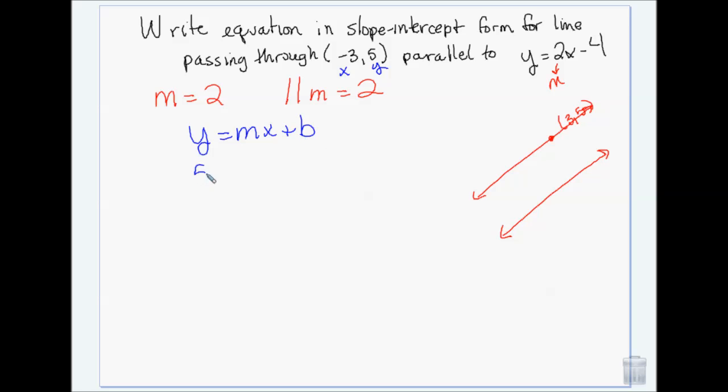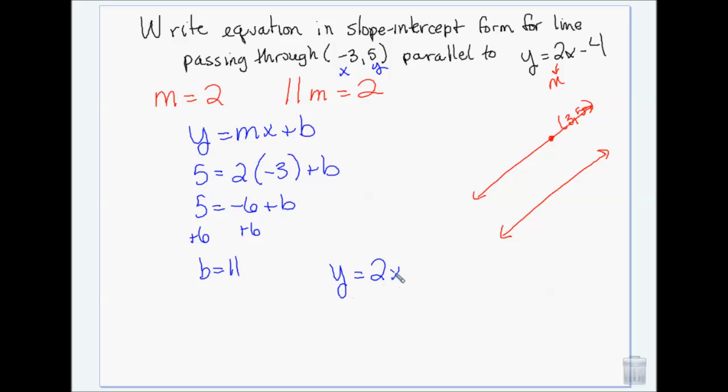We plug in our y, we plug in our m, we plug in our x, and we find b. So add 6 to both sides. b is 11. So the equation of the parallel line is y equals 2x plus 11. That would be that parallel line right there.